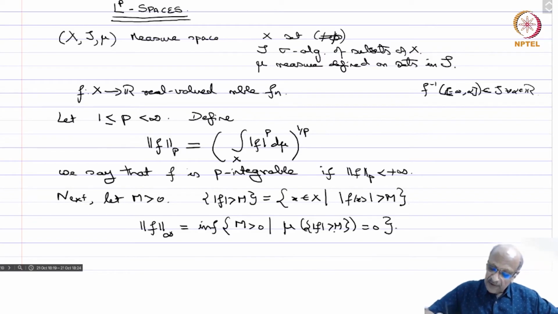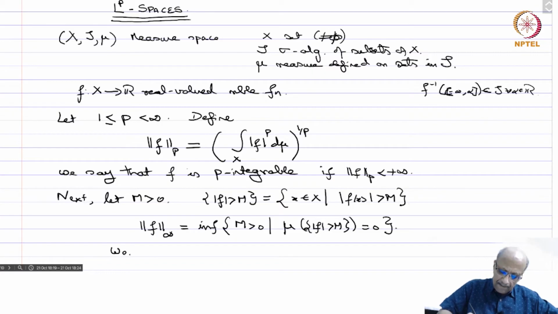So M is such that it's almost an upper bound. If mod f(x) is less than or equal to M for almost every point x, except it may be violated on a set of measure 0. Now you take the smallest such M, so you call the infimum.